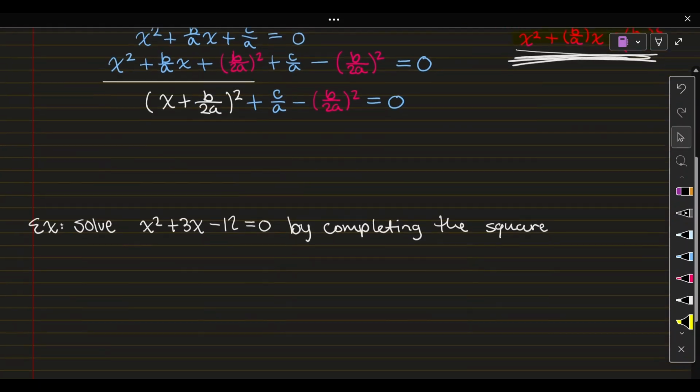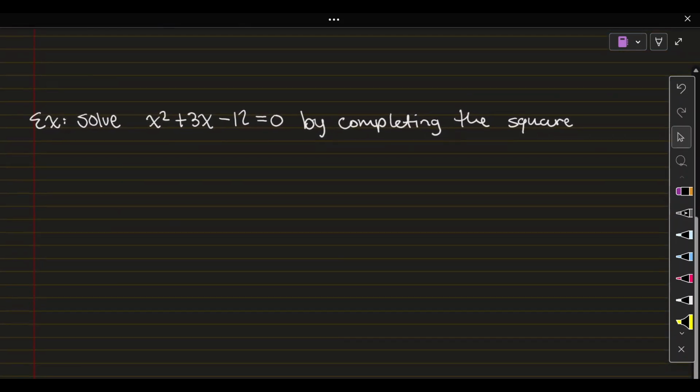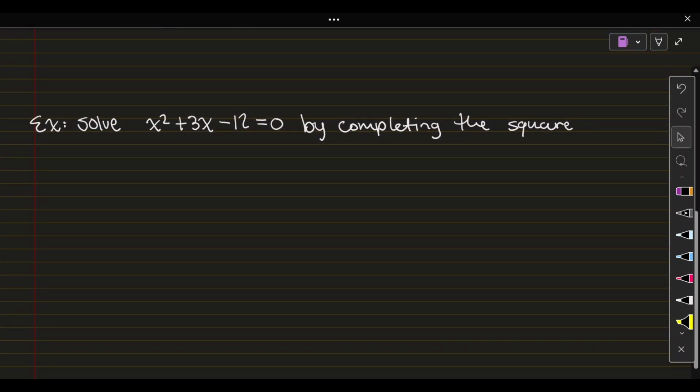Okay, so let's solve an equation here by completing the square. In this case, a is 1, so I don't need to divide anything by anything. But I want to add this factor of b over 2a squared, which when a is 1 is just b over 2 squared, or 1/2 of b squared.